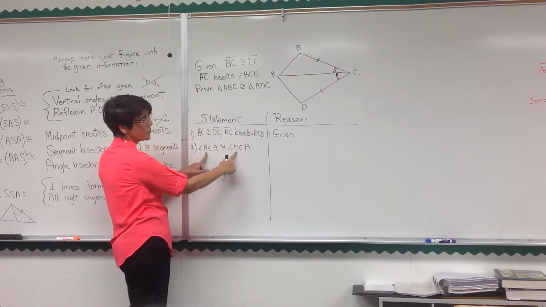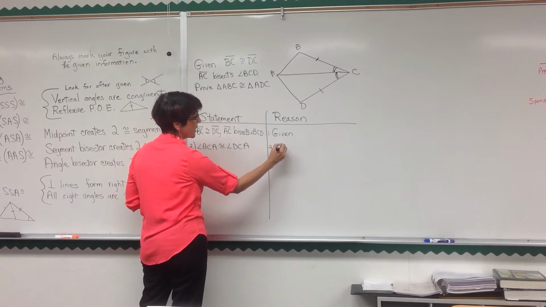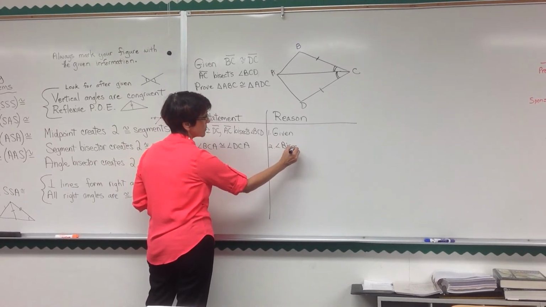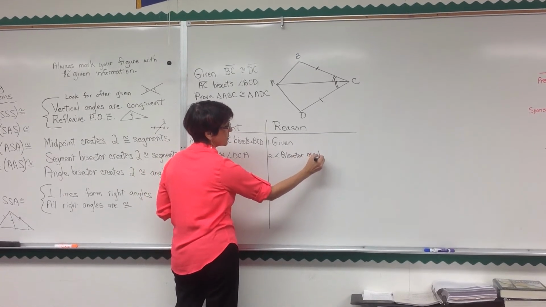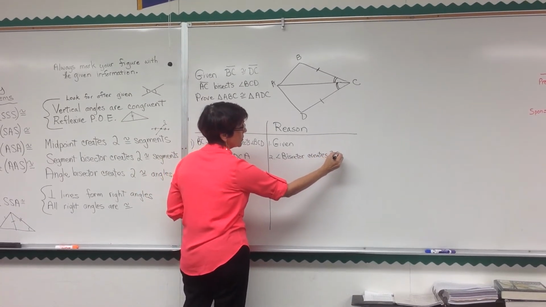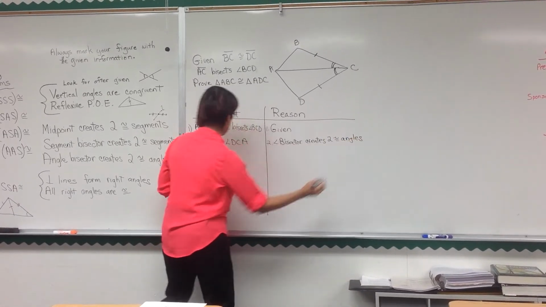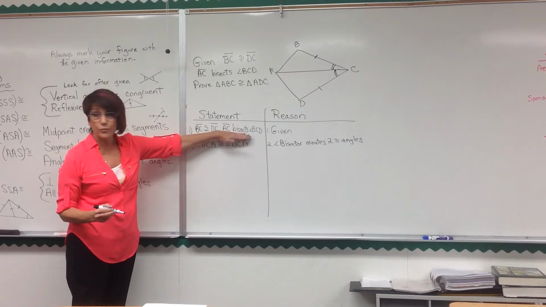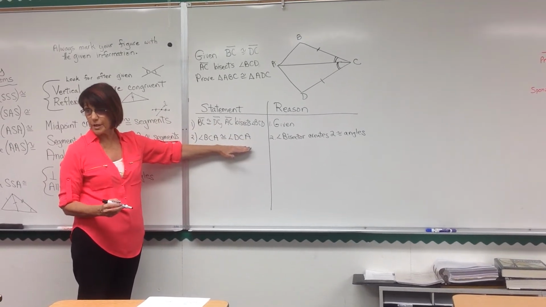Watch the corresponding points. B corresponds to D. And that is because an angle bisector creates two congruent angles. So I'm getting that directly from this word. When I see bisects, I apply what a bisector does.